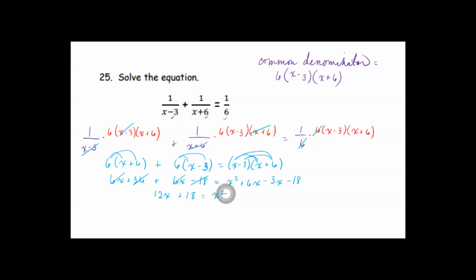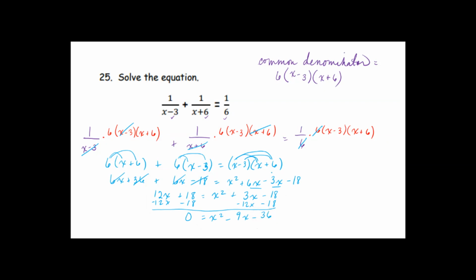And then over here, I've got 3x when I add the 6x minus 3x. And then we want to get everything on one side. So let us subtract the 12x and subtract the 18 so that I get 0 over here equals x squared minus 9x minus 36.